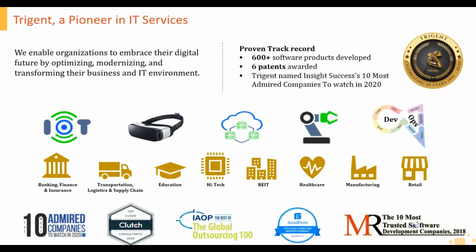Our key strength is to support DevOps and infrastructure offshoring for the North American market. We are Microsoft and AWS gold partners, and a leading partner with most of the leading technology tool companies. That's in short about Trigent IT services.